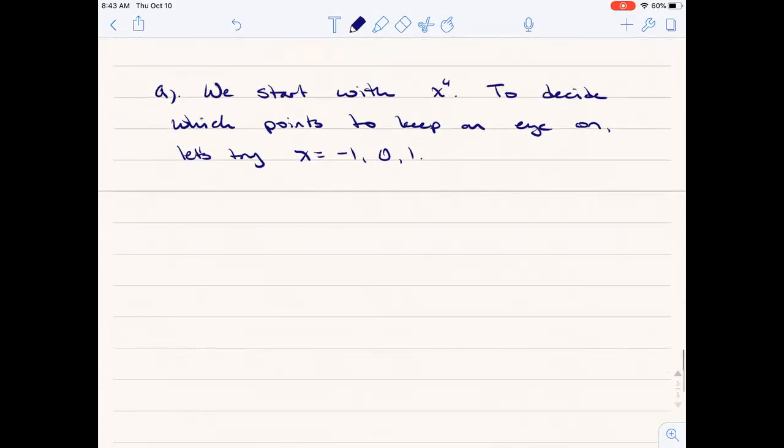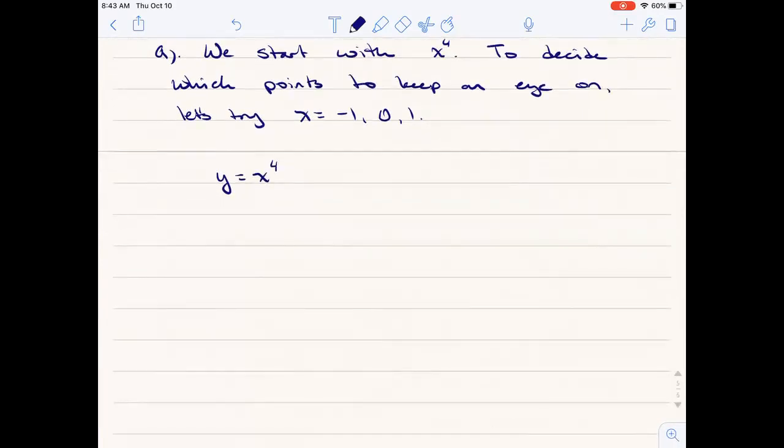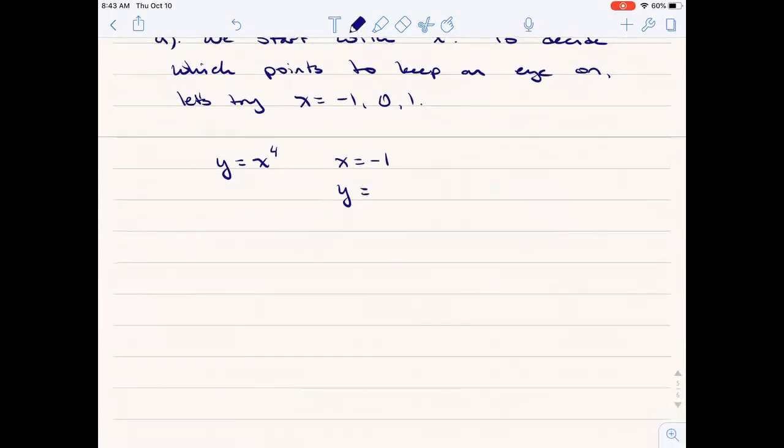If y equals x to the power of 4, then if x is -1, y is 1. If x is 0, then y is 0. And if x is 1, y is 1.